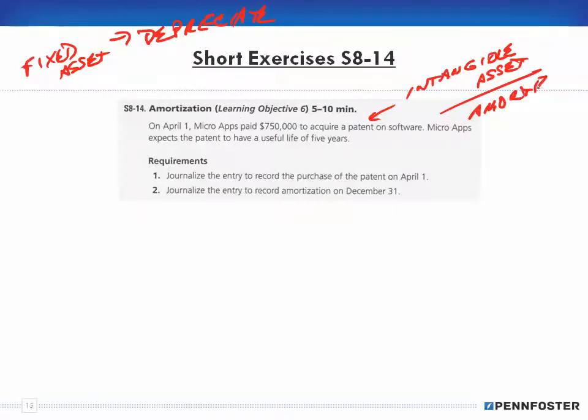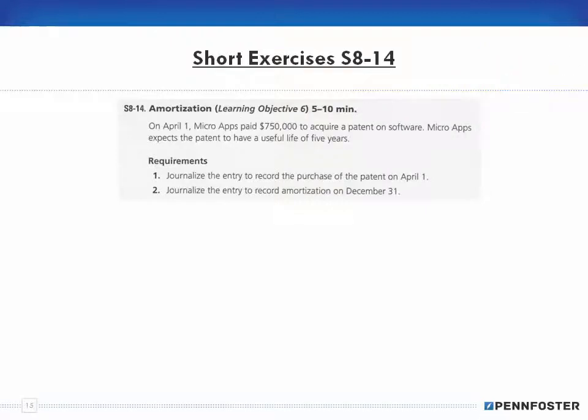But basically, they're both exactly the same thing. They could have just said we'll depreciate intangible assets, but I think the reason they use different terminology is because one is tangible and the other is intangible. But really, amortization is no different than depreciation.